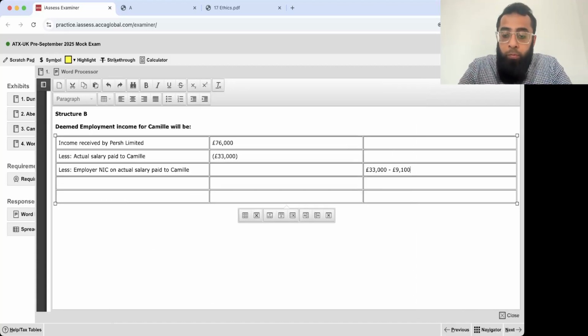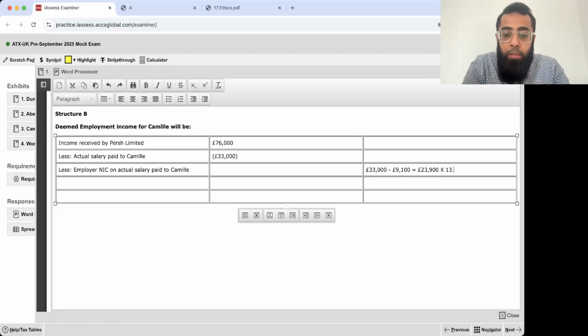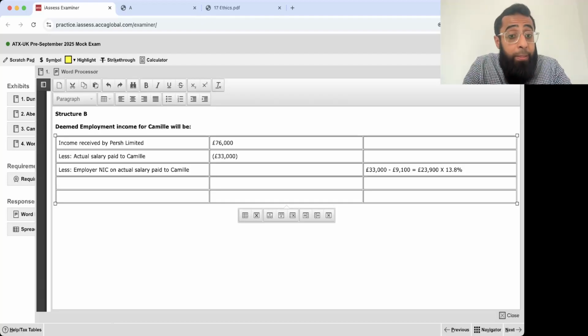So 33,000 minus 9,100, so it's 23,900, on which you will apply 13.8%. So that gives you 3298.